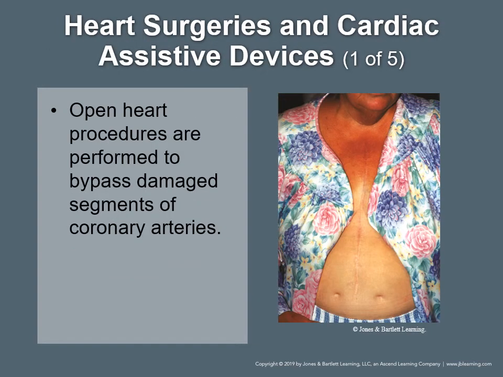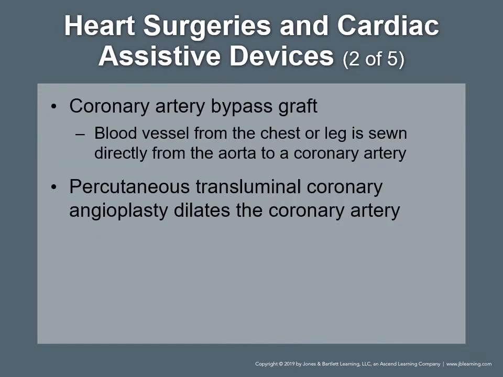Heart surgeries and cardiac assistive devices. Hundreds of thousands of open heart procedures have been performed to bypass damaged segments of coronary arteries in the heart. Coronary artery bypass graft. You'll hear those called CABG. If anybody ever tells you I've had a CABG, that's what that is.